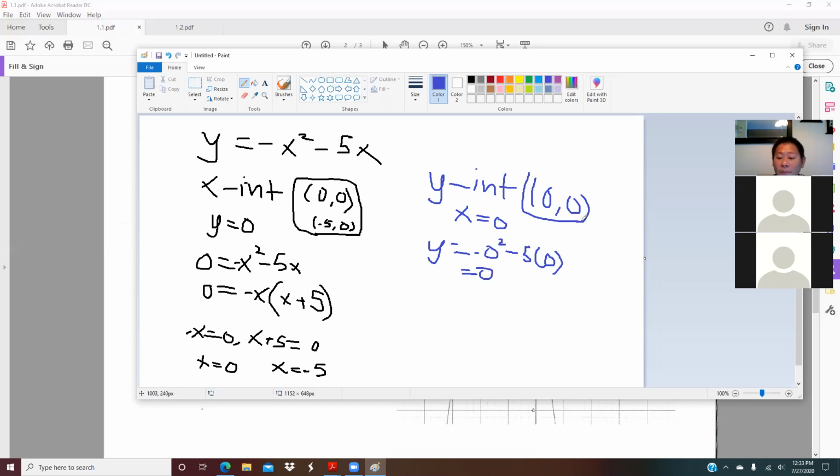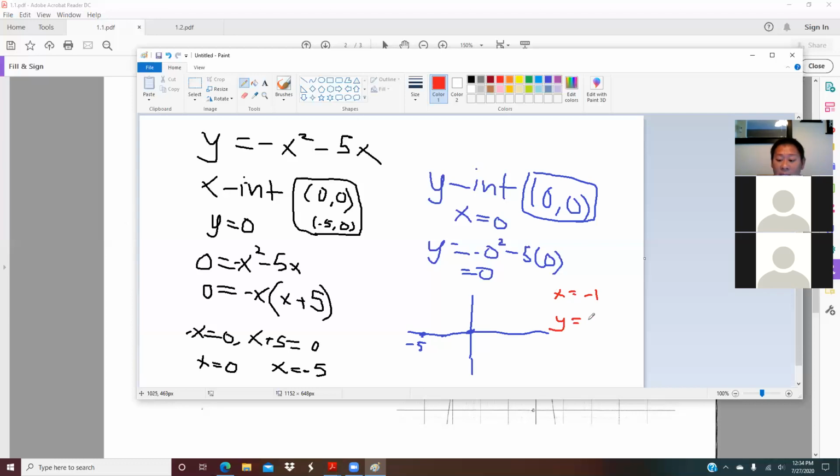And then what you do next, if I want you to graph this, is you have your intercepts: (0, 0) over here, and (negative 5, 0) over here. Usually you need an extra point. To get an extra point, you plug in x as any number you want. Let's say I plug in x as negative 1 to figure out what y is.